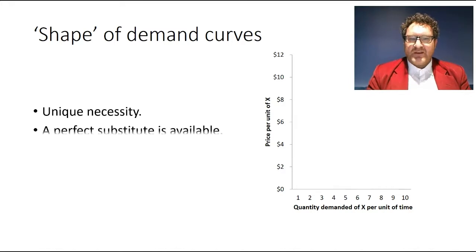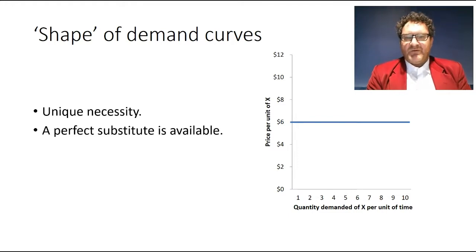Another example might be if there's a perfect substitute available. So if we said that the price of kebabs were $6 and consumers would be willing to buy any quantity of kebabs, or whatever it is, any quantity of a product at $6.